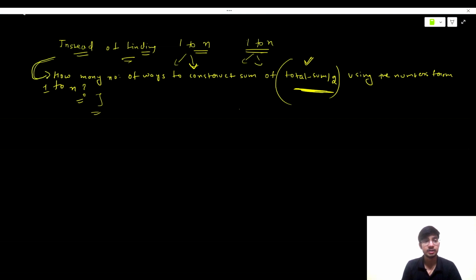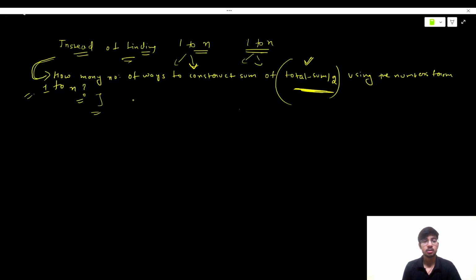I convert this problem to this problem, right? And this problem we did previously: how many number of ways to construct the sum by using the numbers. This is a similar problem, but there is one problem in this.